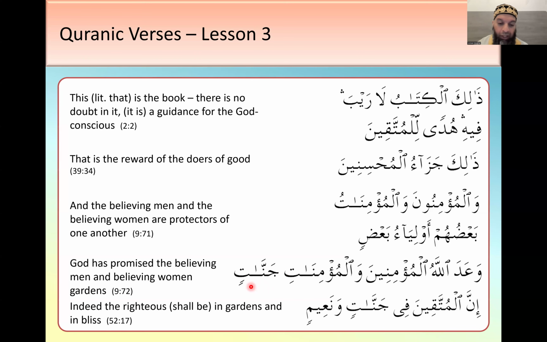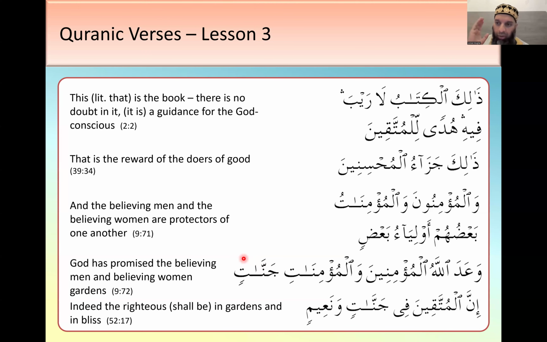If you said jannatun here, it could change the meaning, and as far as I understand it, it would make the meaning impermissible. Kufr, basically. It would change the meaning drastically.